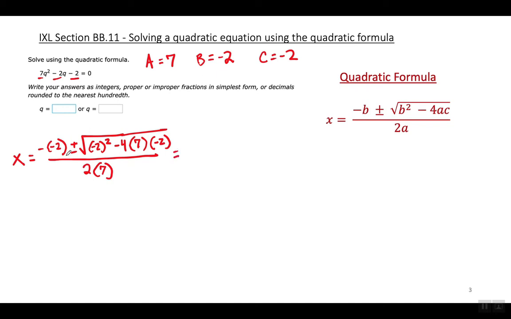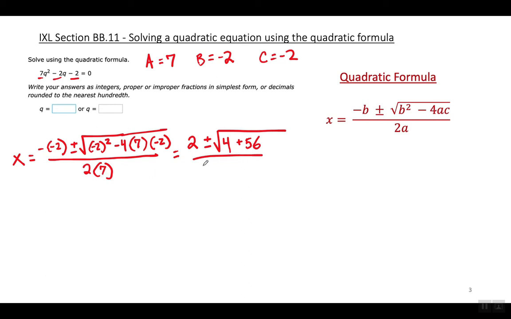Now let's start simplifying this. -(-2) equals +2, plus or minus the square root of -2 to the second power, which is +4. Now let's multiply all three of these numbers together. -4 times 7 is -28, and -28 times -2 is +56.